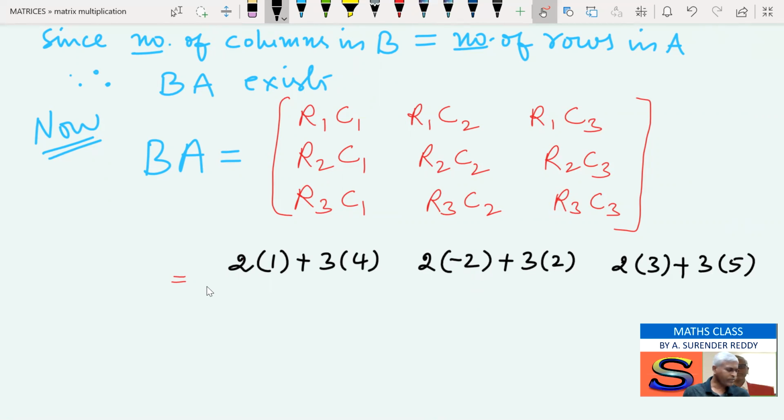Next R2C1: 4 into 1 plus 5 into minus 4.